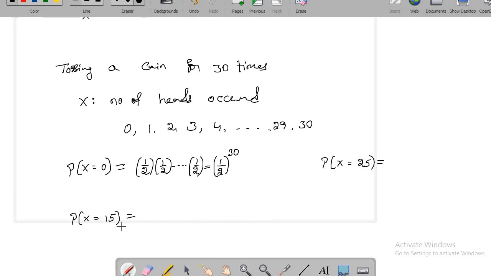So next, for 15, can I say the same thing? X equal to 15 means out of these 30 trials, you want 15 of them to be heads, and the remaining 15 we want to be tails.